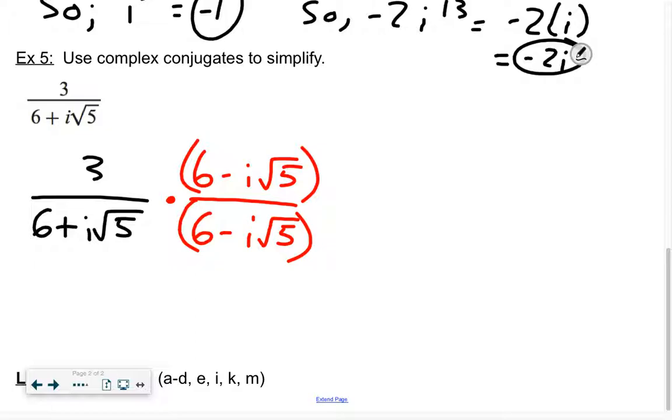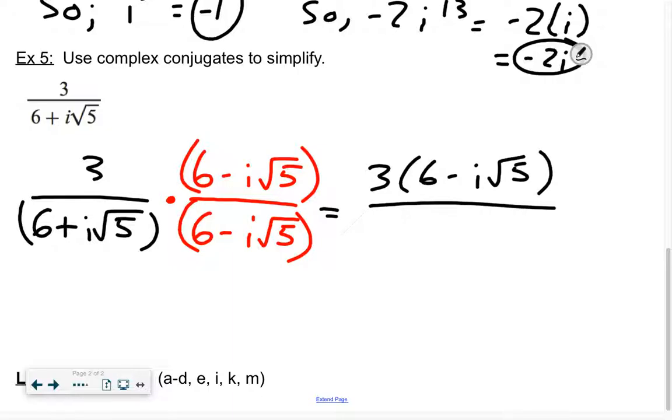Do we need to do the entire FOIL process? No, because these two are conjugates of one another. So we still only need to do the F and the L. Remember that rule? Let's leave this in this form. Let's do the F and the L, the FOIL process down here. 6 times 6 is 36.